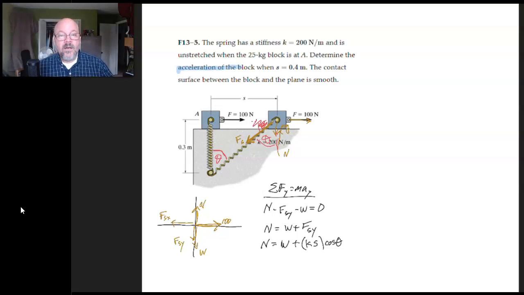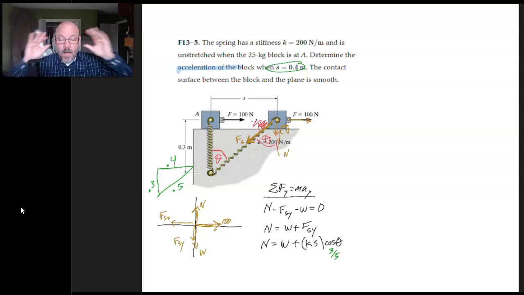Now for us, what we know is that we're interested in the point where S is 0.4. So that is kind of helpful, because that means that I've got a triangle 0.3, 0.4, it's a 3, 4, 5. You see that? And then with the 3, 4, 5, my adjacent is 0.3, my hypotenuse is 0.5, and so that means cosine is actually 3/5 in this case, at this particular moment.